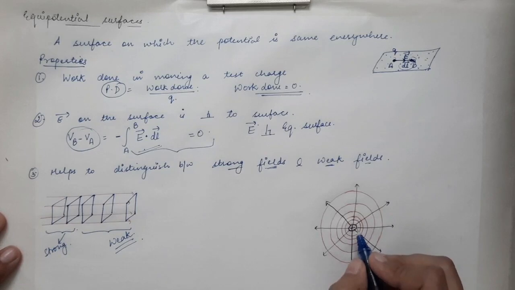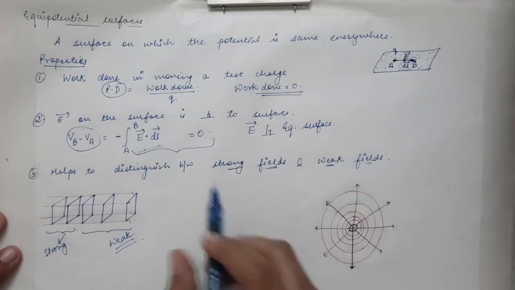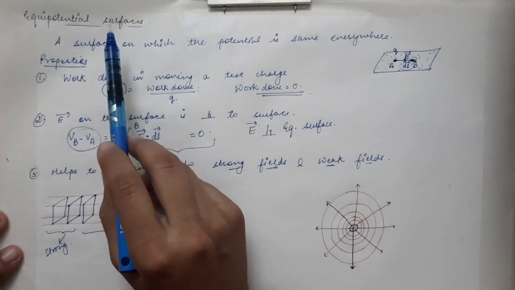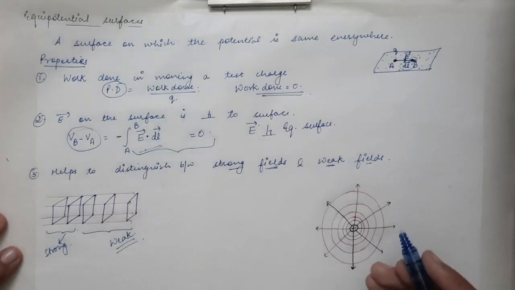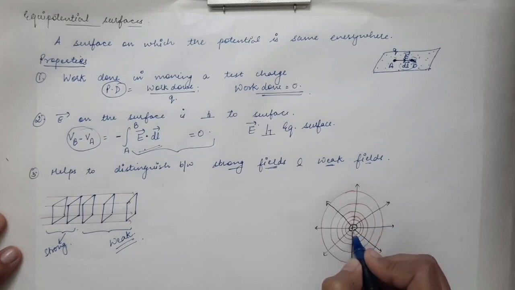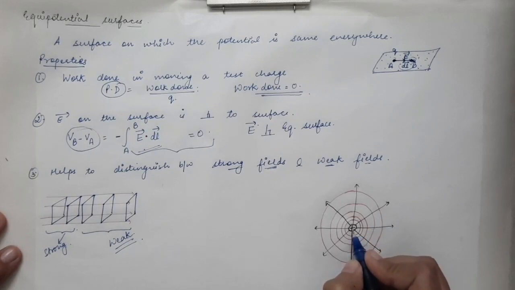So in the case of a point charge, what are the equipotential surfaces? First of all, we have to take into account that an equipotential surface is a surface in which the potential is the same at every point. For a point charge, that will be nothing but a sphere whose center is this point charge.